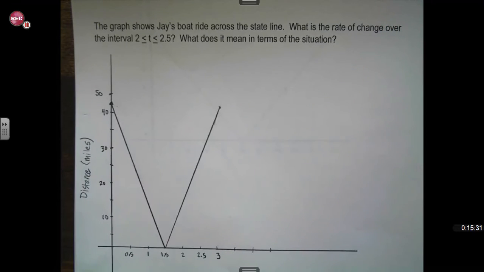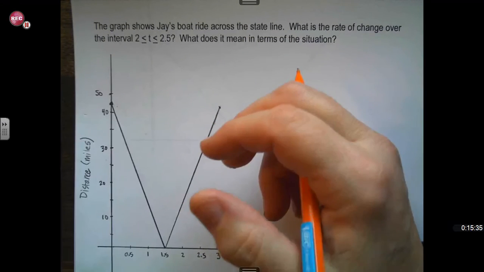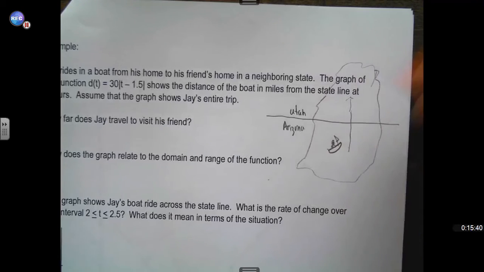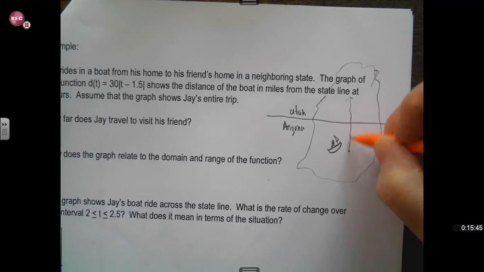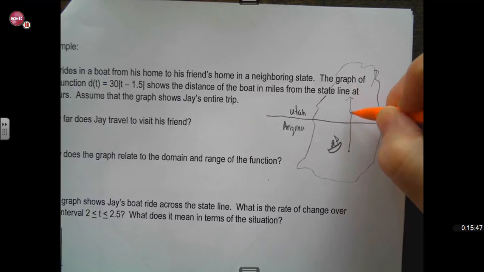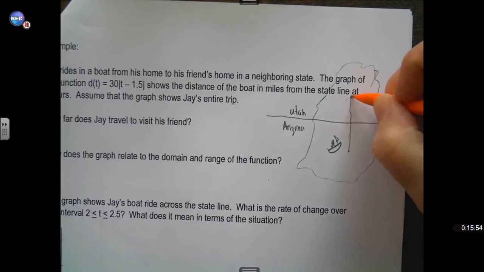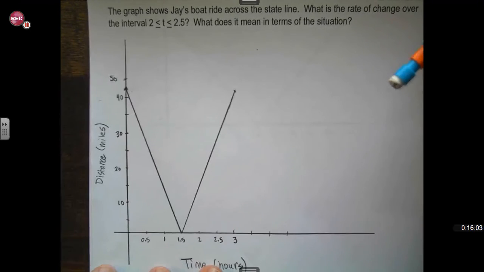How far does Jay travel to see his friend? Well, he begins his trip 45 miles from the state line, travels towards the state line, which he crossed after an hour and a half, and then he was 45 miles from the state line after 3 hours. Okay?